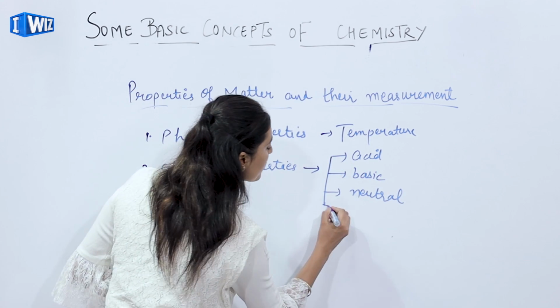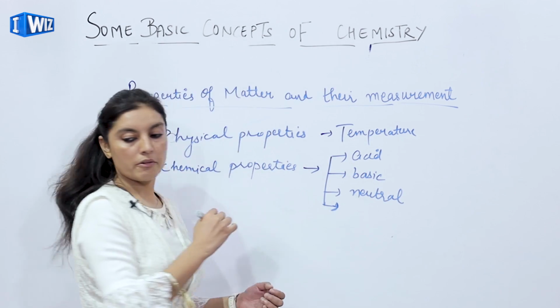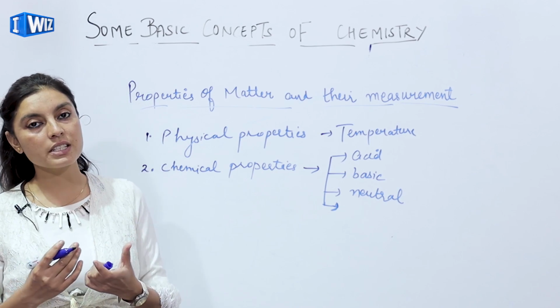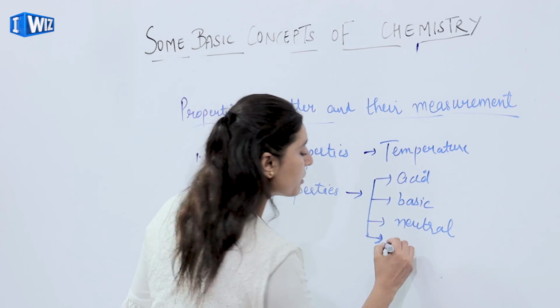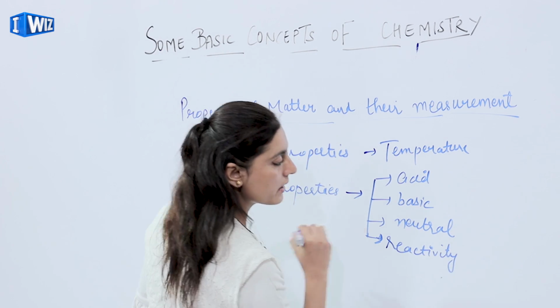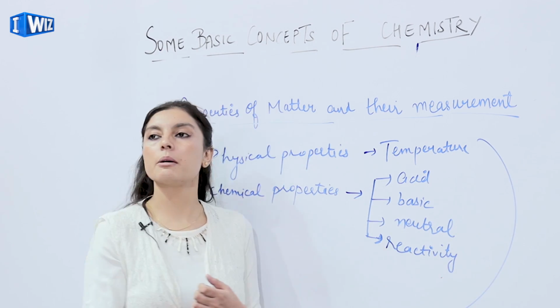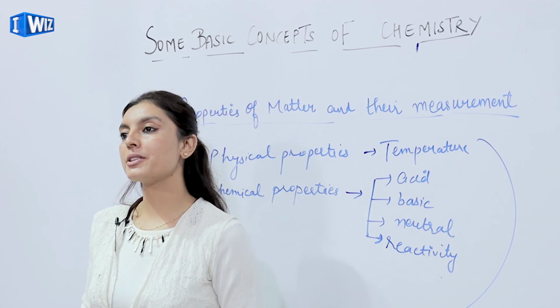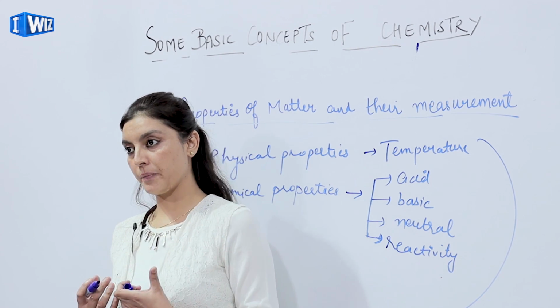It might be to know the reactivity and the combustibility of that substance, how the elements are reacting together. These all make up the chemical properties of the substance or matter.